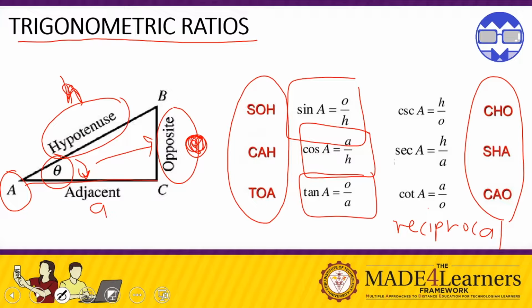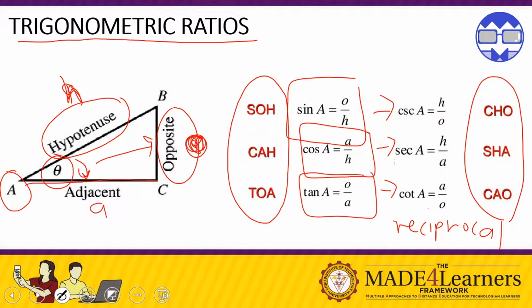Then we have the CHOSHCAHTOA. You don't need to memorize this one. You just need to remember that cosecant is the reciprocal of sine, secant is the reciprocal of cosine, and cotangent is the reciprocal of tangent.